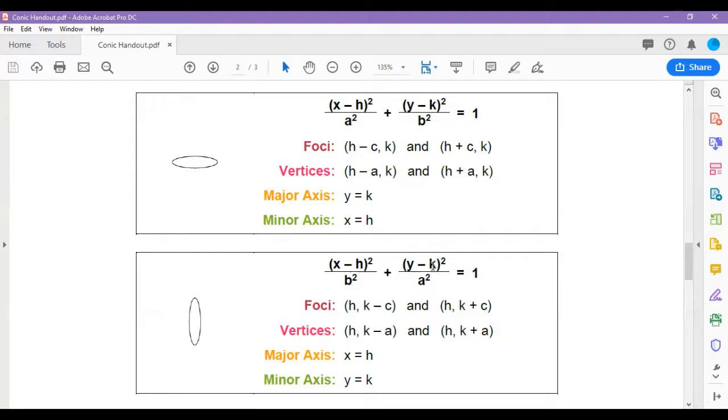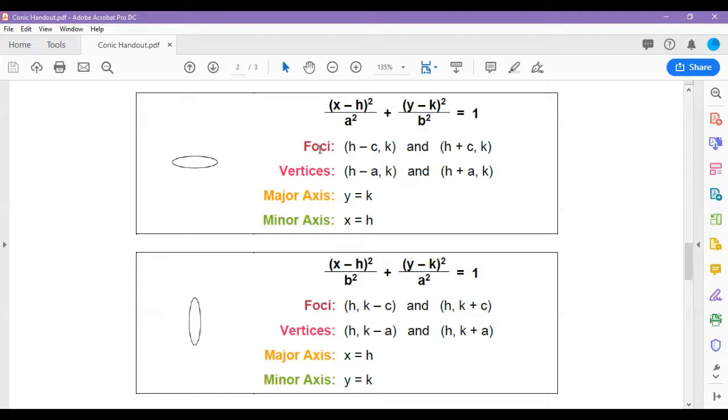So now the y stuff has the a squared, and the x stuff has the b squared. So the shape for an ellipse formula is something squared plus something squared is 1. Whichever axis is stretched longer, that's what gets associated with the a squared, and then the other one gets associated with the b squared.